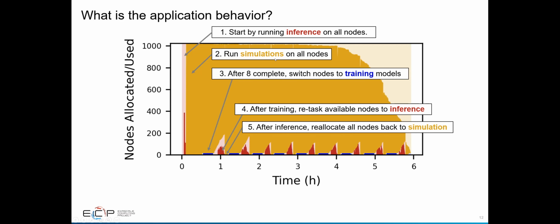Once those complete, I switch over to using simulation on every available resource, and then dynamically switch between retraining models on some of the resources, using those updated models to reprioritize my task queue. And at some point, once I'm done reordering the task list, go back to dedicating everything towards simulation.